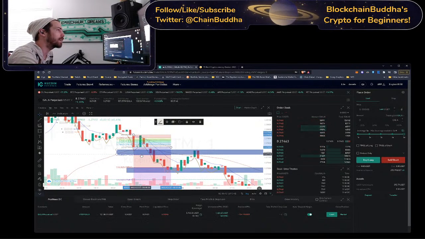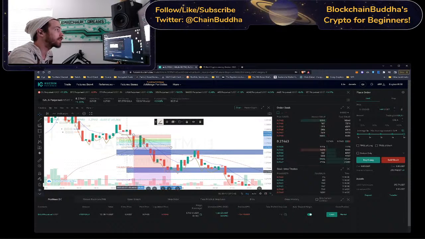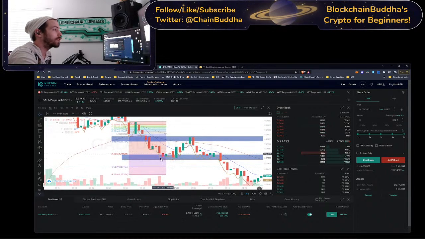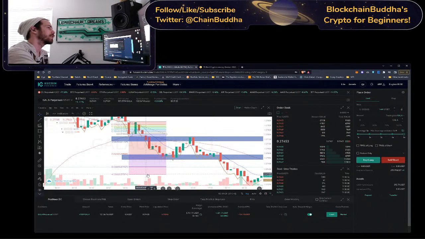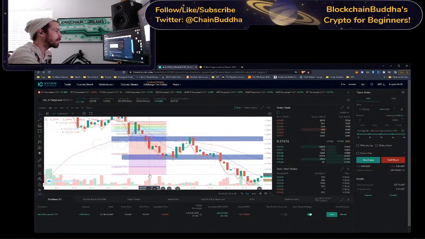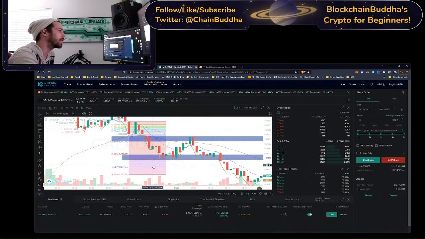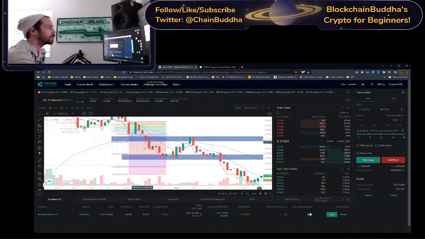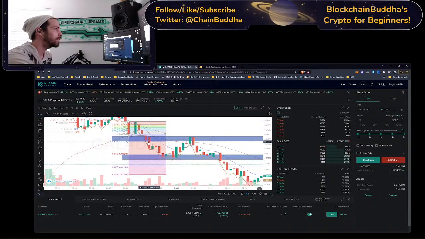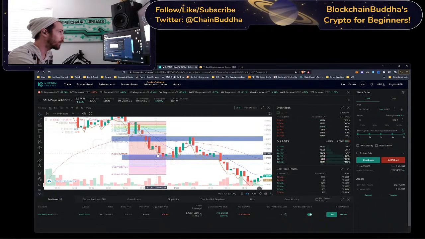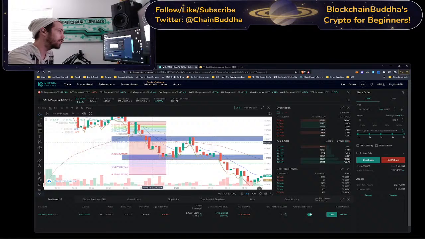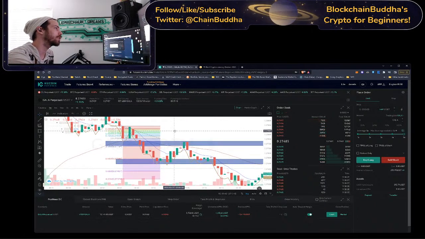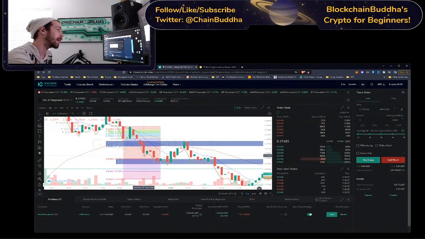Then your second level of take profit would be at the 0.275 mark. And this would be your third level of take profit and your fourth level of take profit. The longer you wait, the more risky it gets. If you don't take profit at the first level and you're waiting for the second level, price could come down halfway right here and decide to reverse. Especially in the crypto space, price can reverse at any moment.